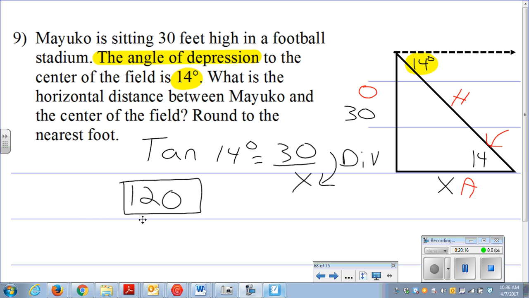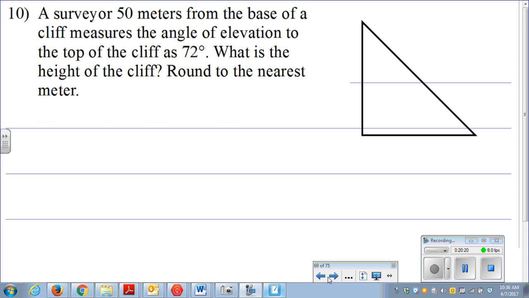Let's take a look at one with angle of elevation. Okay, so the surveyor is 50 meters from the base of a cliff, and he measures the angle of elevation to the top of the cliff as 72 degrees. They want to know what is the height of the cliff. So the surveyor is 50 meters from the base.